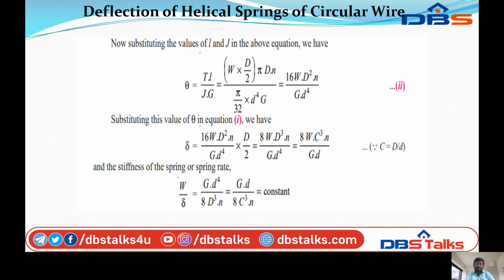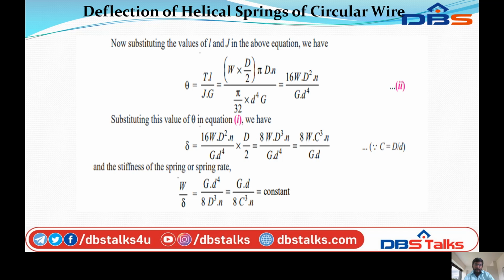W into D by 2 into pi into D N by pi by 32 into d power 4 into G, that is equal to 16 W D square into N by G d power 4.